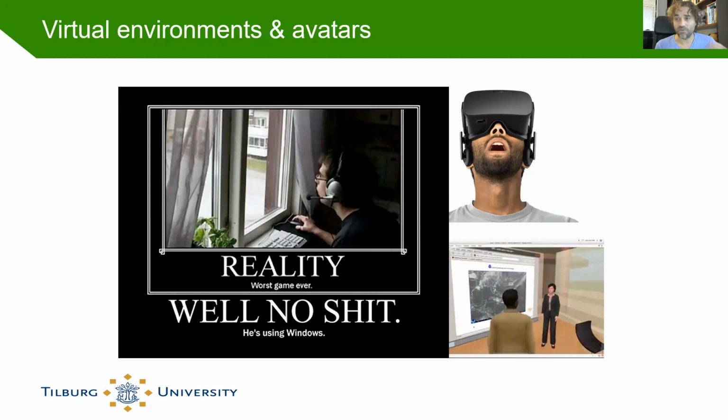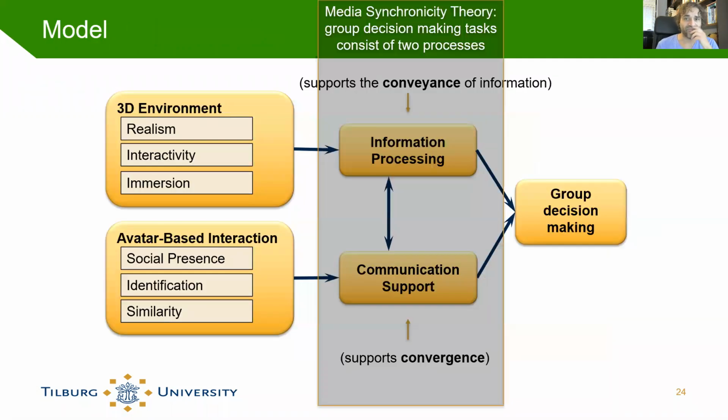Two, you are represented by an avatar. And those are two important characteristics of 3D virtual environments. So avatar-based interaction, so you are an avatar, you interact with other avatars, and you are in a shared space. And that's what we wanted to investigate.